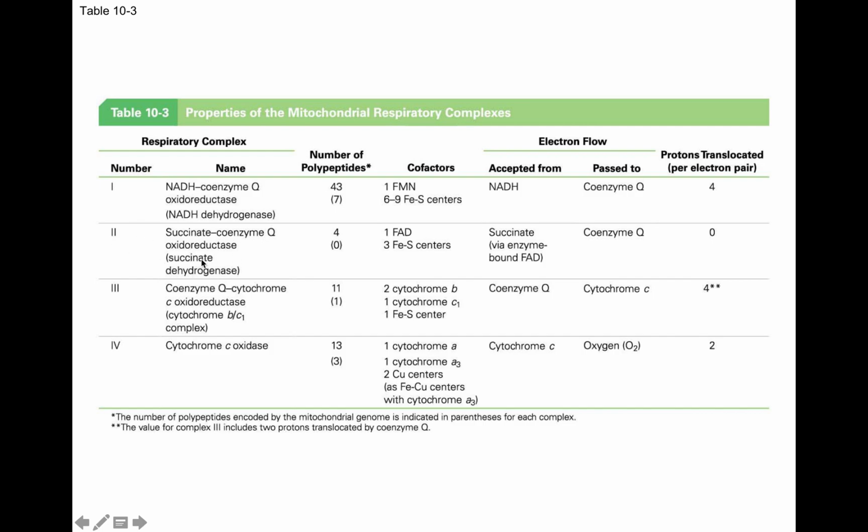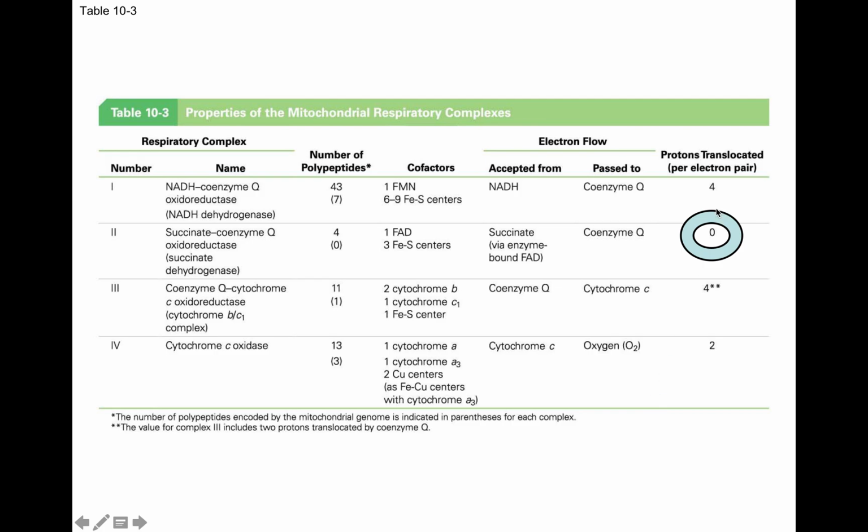At complex 2, it's also passing off those electrons from FADH2 onto coenzyme Q, but no protons are passed off. Complex 3, you get 4 protons moving from one side of the membrane to another into the intermembrane space, and then in complex 4, 2.